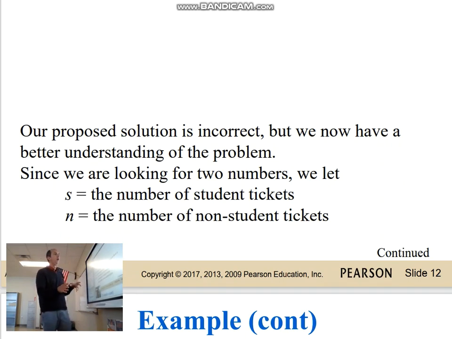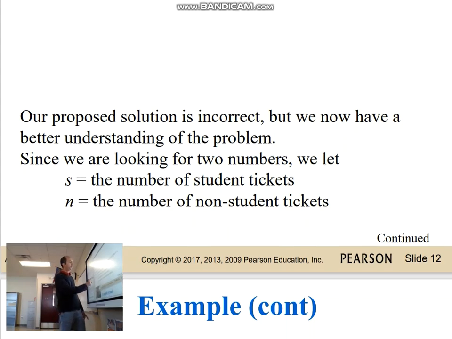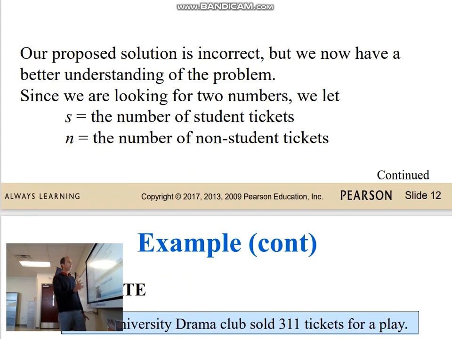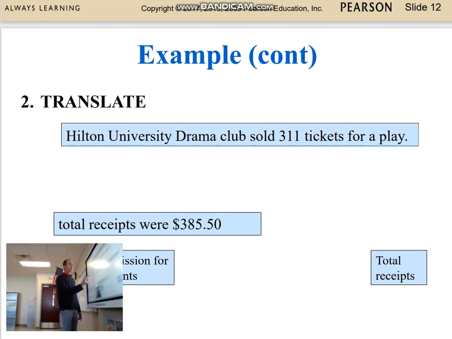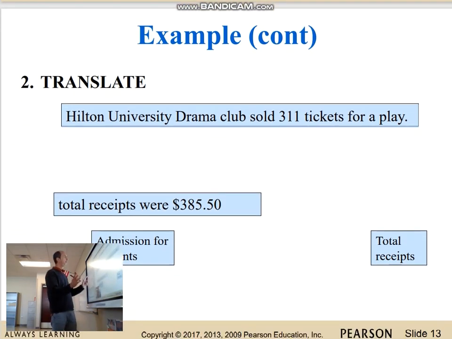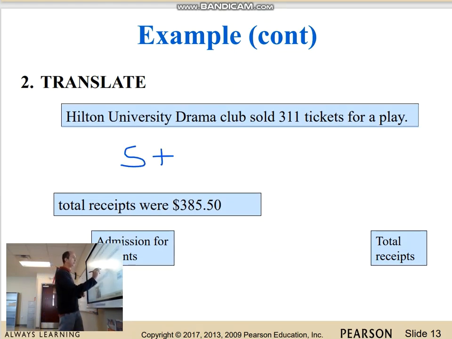But we now understand what we have to solve. Since we are looking for two numbers, we can say S is the number of student tickets, N is the number of non-student tickets. And then you can translate into math equations. The number of student tickets plus the number of non-student tickets, the total is 311, right?